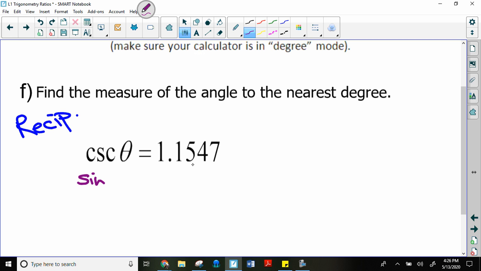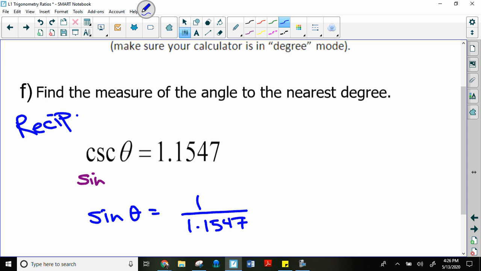So if this is our answer for cosecant, we want to go 1 over this answer to find out what sine is. So sine of theta is going to be 1 divided by whatever the cosecant was, because it's a reciprocal.